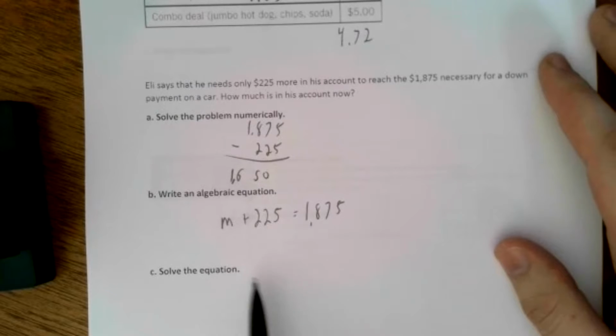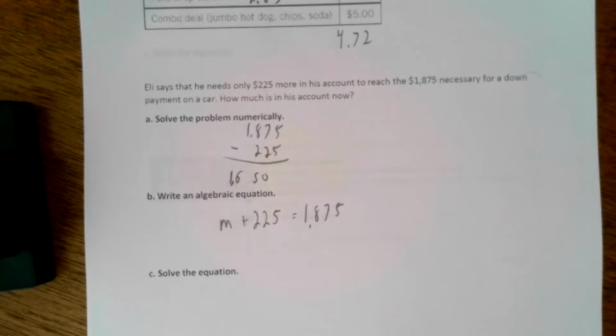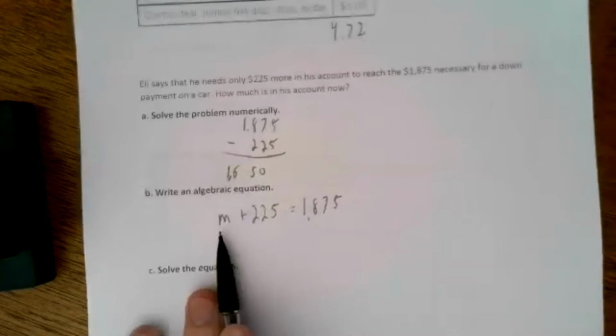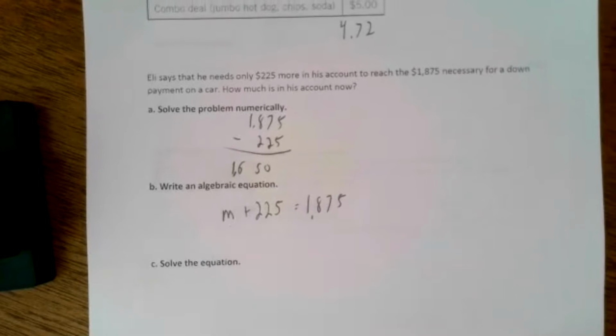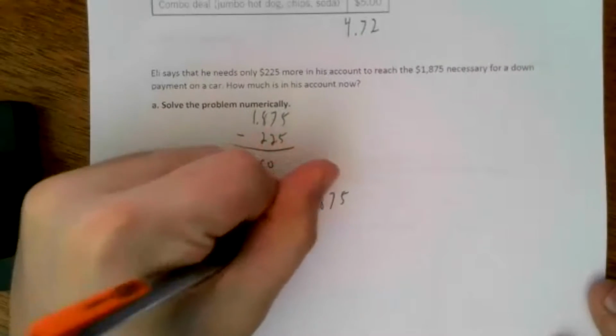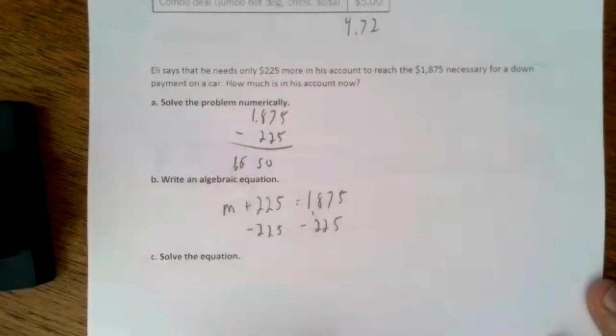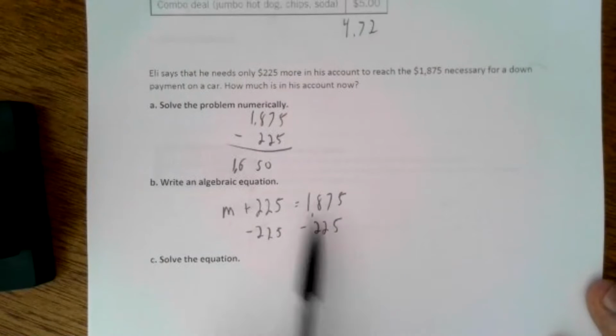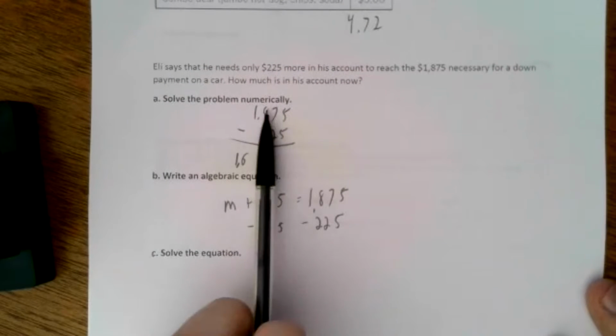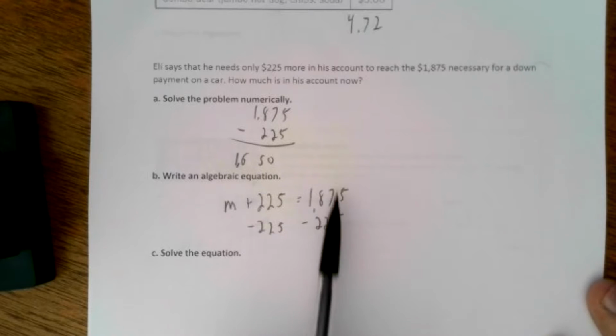So the money in his account plus the $225 is equal to the down payment that he needs to reach, right? If I wanted to solve this equation, all I need to do is get M by itself, or whatever variable I have by itself, and I can do that by just subtracting 225 on both sides, right? And this looks very similar to my problem that I did numerically. I already subtracted these two on the right side.